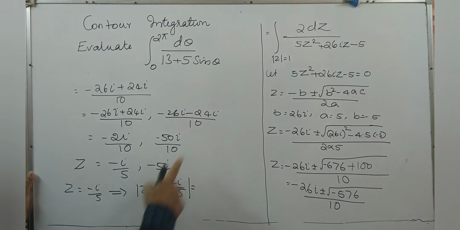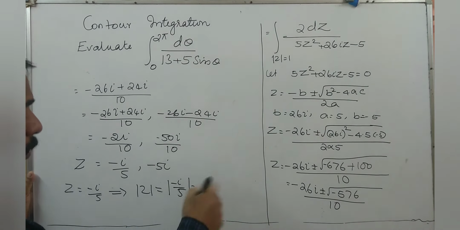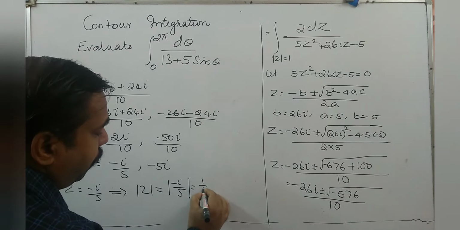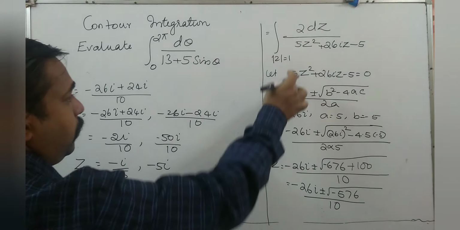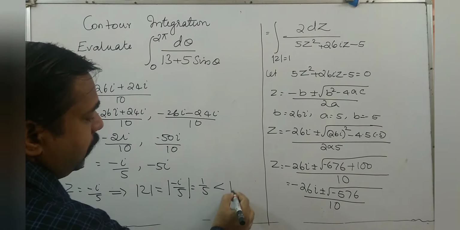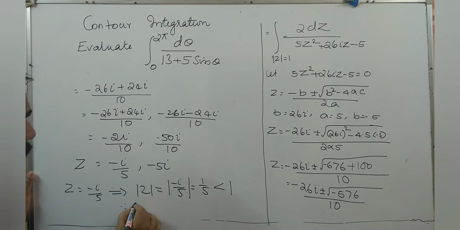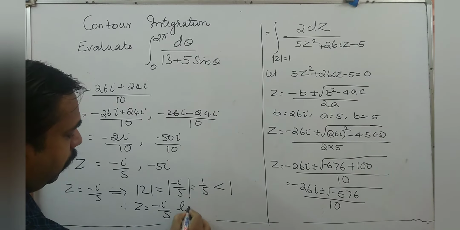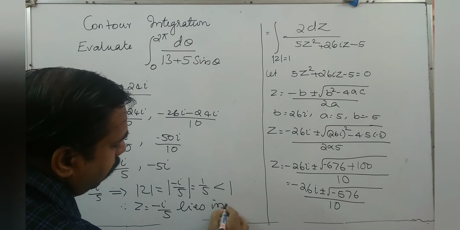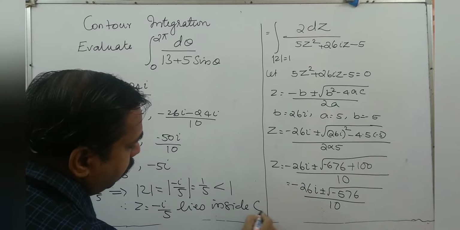Minus 1 is equal to 1, i is equal to 1, so that is 1 by 5. This is the calculated value, but our value is equal to 1 only. So this is less than 1. Therefore, z equal to minus i by 5 lies inside C.